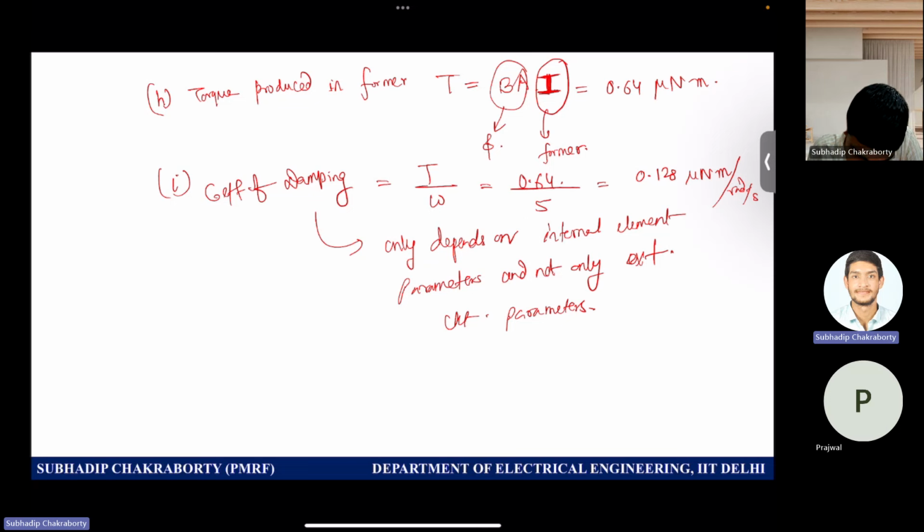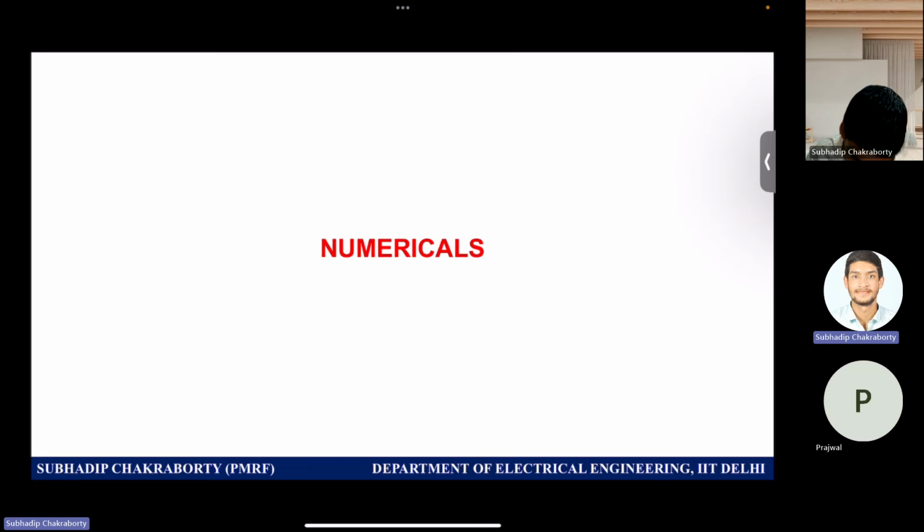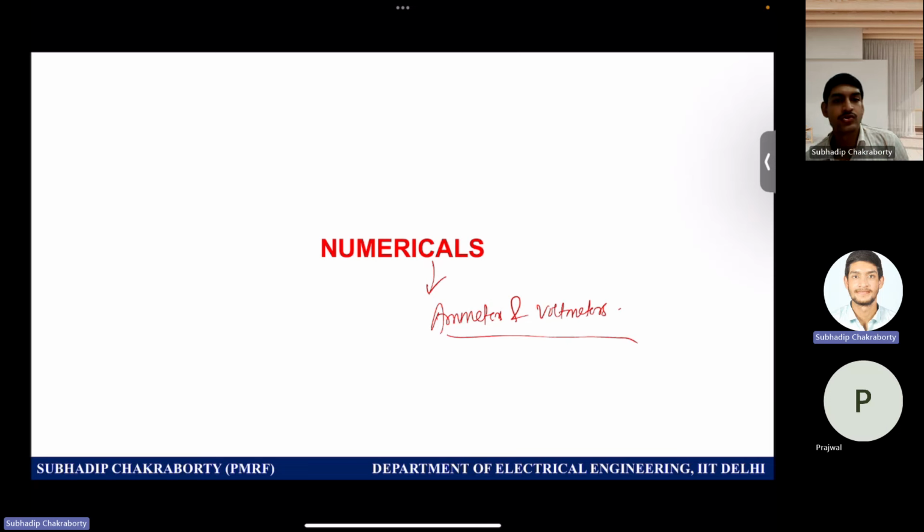Now let us come to the numericals on ammeters and voltmeters, that is, voltage and current measurement and related numericals. Okay. So the first problem is on your screen. I hope the screen is visible. Let me check.